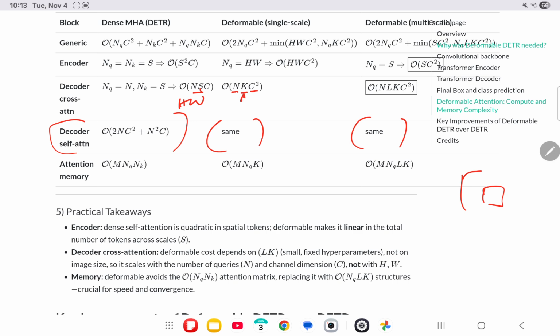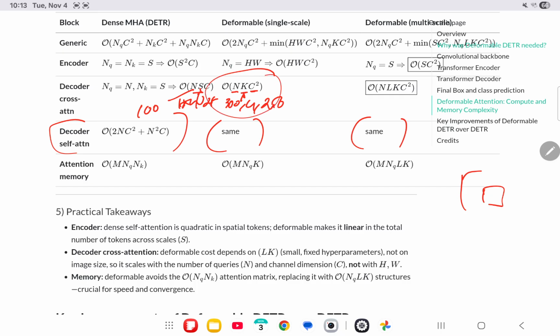So in our case, we had this as 300 by 256. For them, S was H into W, right? And for them it was 100 into 256. So in that respect also it's kind of okay, maybe a win for us in the sense of Deformable attention.